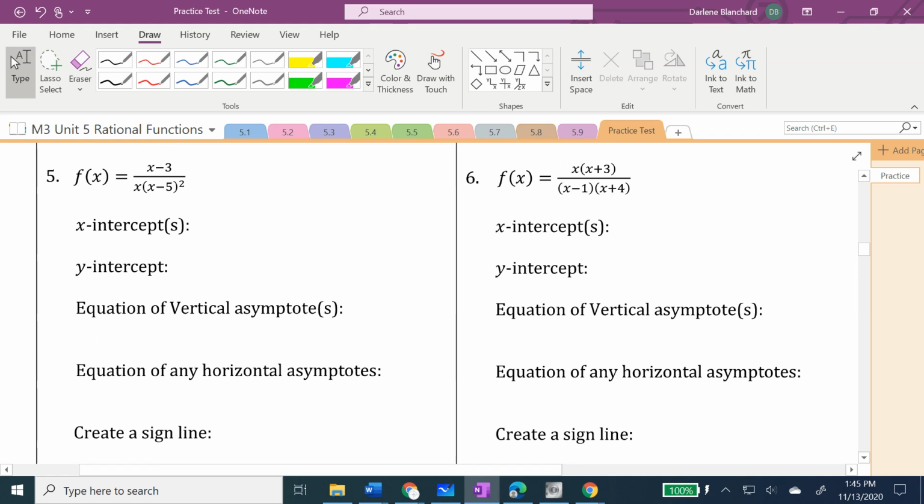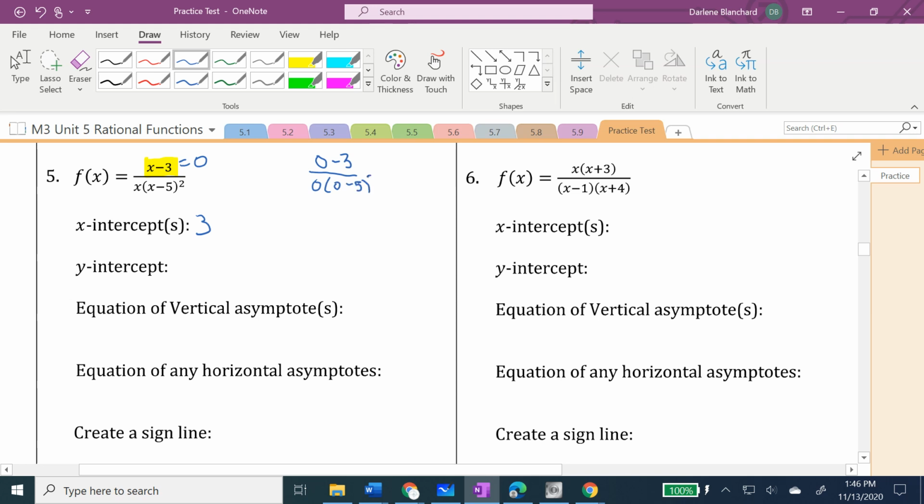So, how do you find x-intercepts? Look at what makes the numerator equal to 0. How do you find y-intercepts? Plug 0 into every x.